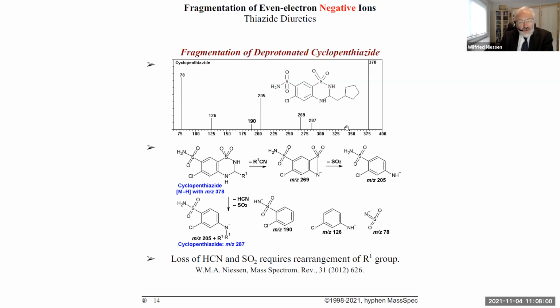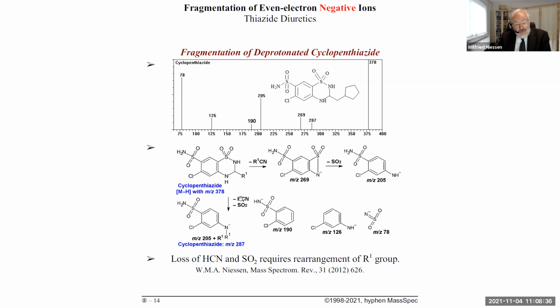So we can, at a certain stage, get the loss of this whole side chain, followed by losses of SO2 from there to the 205. And a very characteristic ion is actually this 287 ion, whose m/z value depends on the side chain, and it is consistent with the loss of 91, which is the combination of an SO2 and an HCN, so hydrogen cyanide.